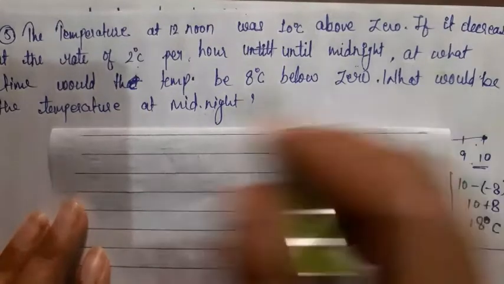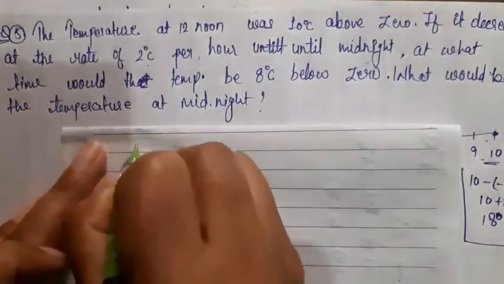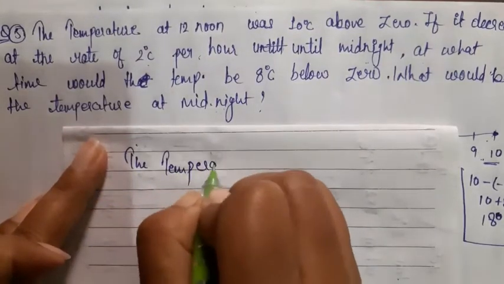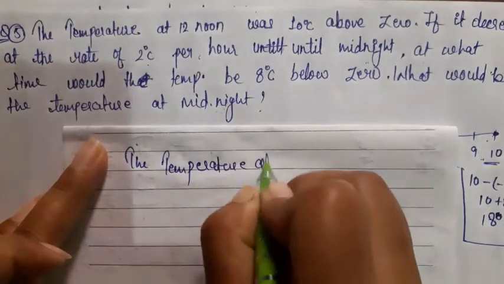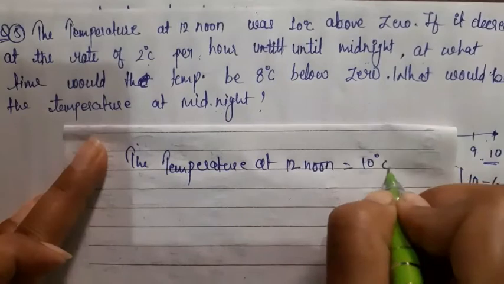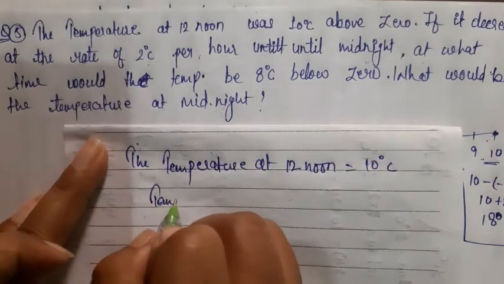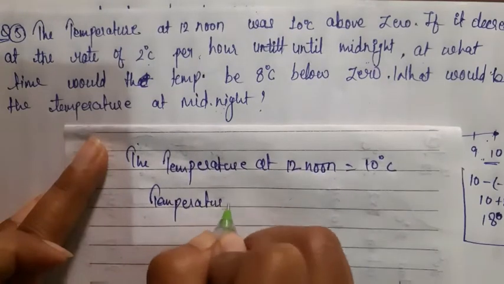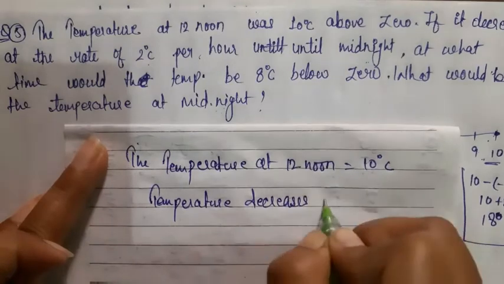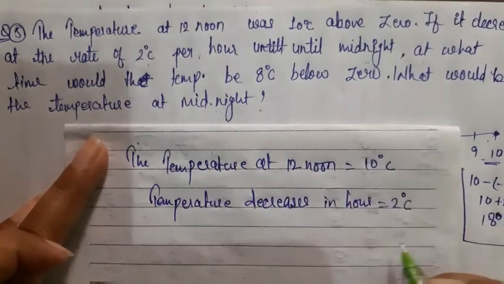Next is what would be the temperature at midnight. Here the temperature at 12 noon is 10 degrees Celsius and the temperature decreases in 1 hour by 2 degrees Celsius.